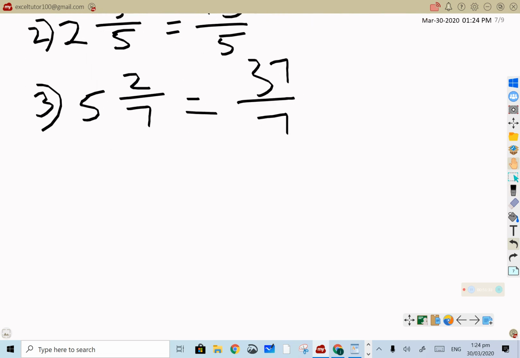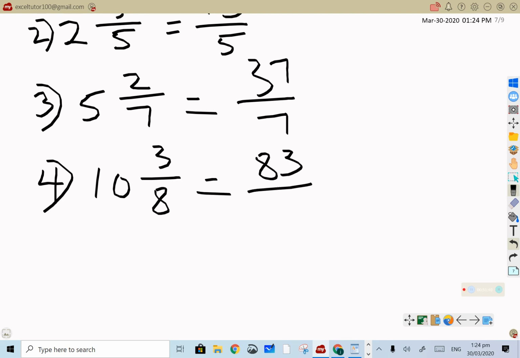Now we keep working at more difficult examples. We have 10 and 3 over 8. So 10 by 8 is 80, plus 3 is 83 over 8. So again, the numerator is larger than the denominator.